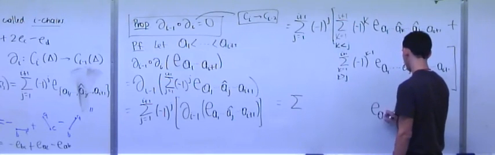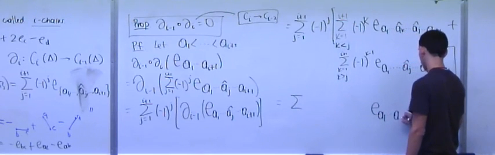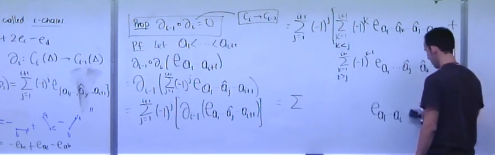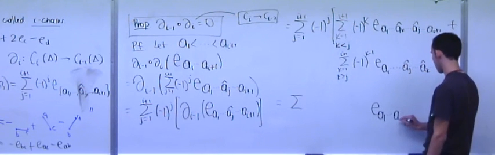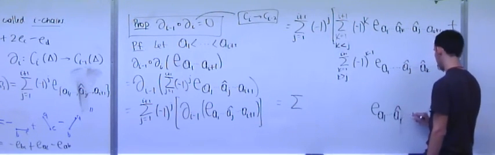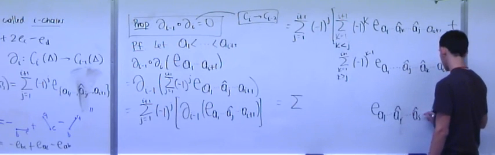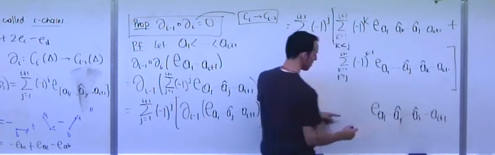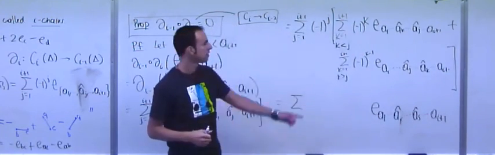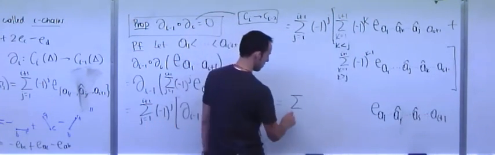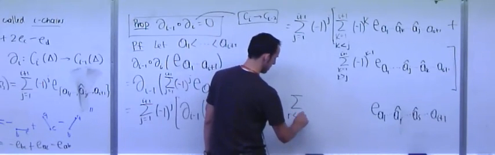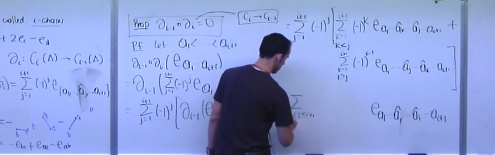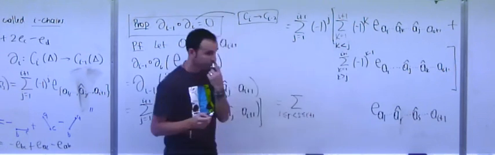over all, and actually, let me just change the letters here. So each term like this is going to appear over here, right? For every r less than s less than or equal to I plus 1, greater than or equal to 1.